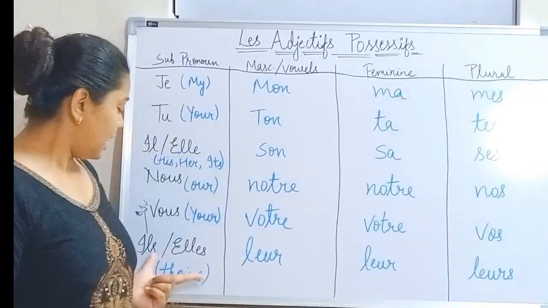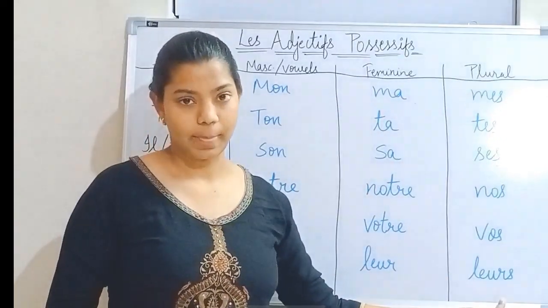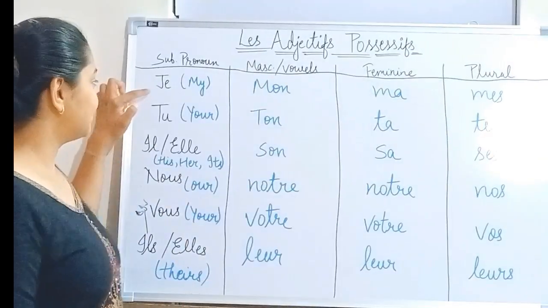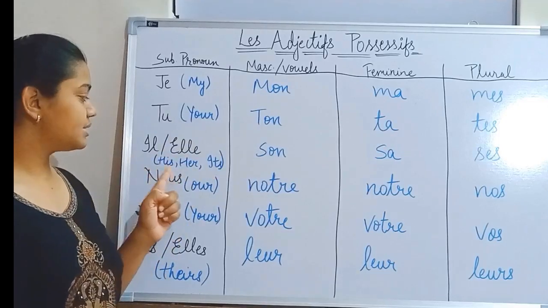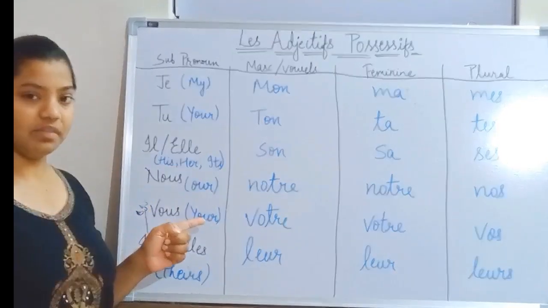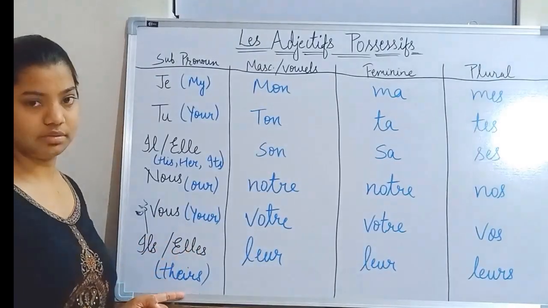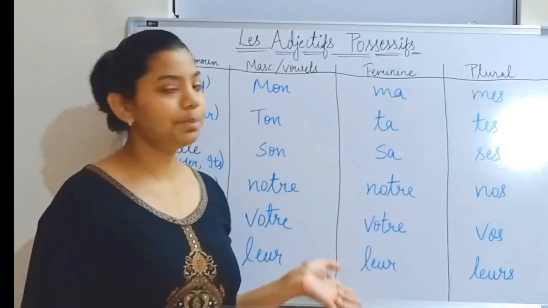Okay, and with ils, elles we use leur, and leurs. Here also the s will be silent. So je, my; tu, your; il, elle, his, her, its; nous, our; vous, your; ils, elles, their. Okay, so these are the possessive adjectives.